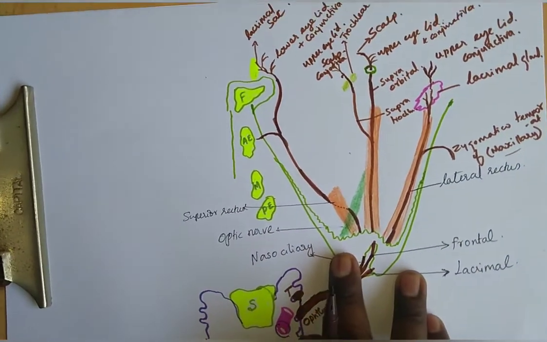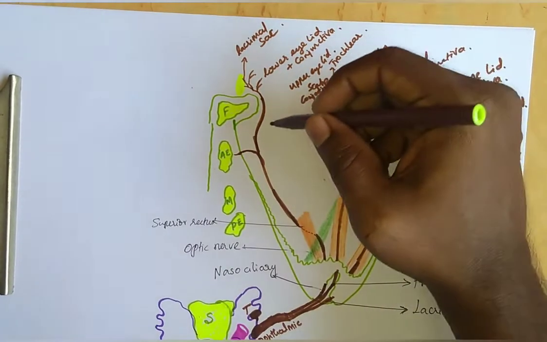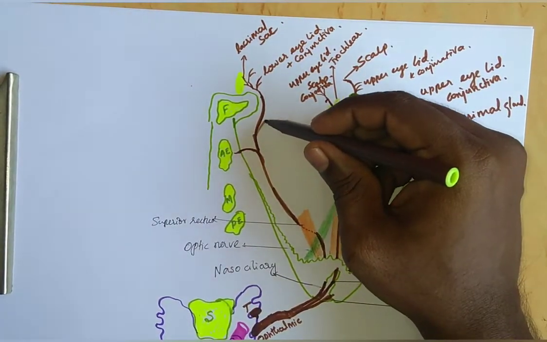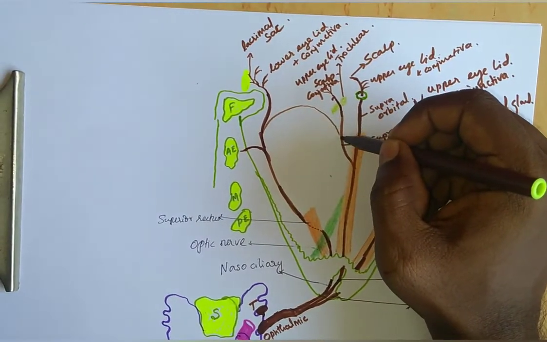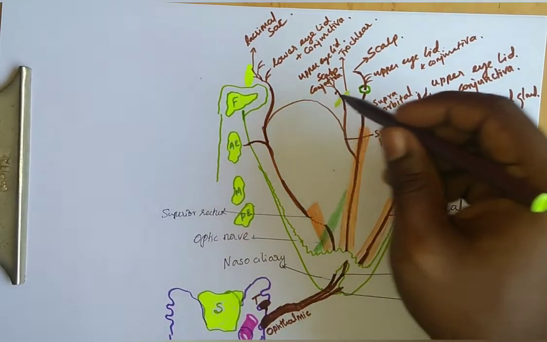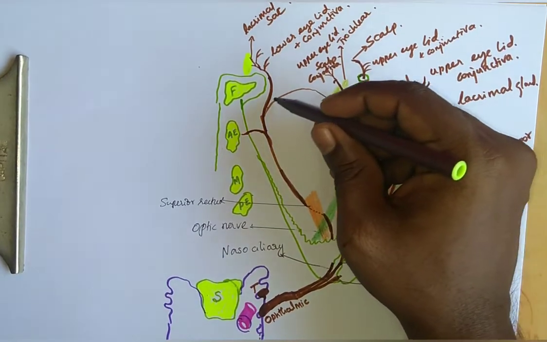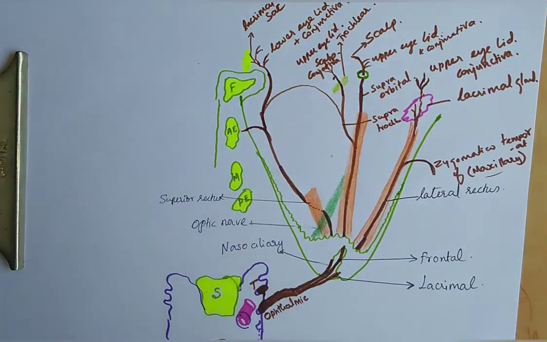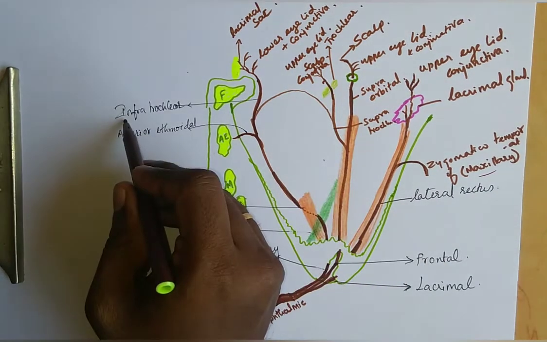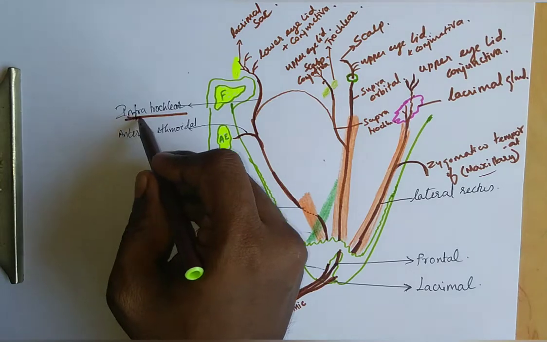So that is about the main branches of the infratrochlear nerve, and it communicates with the supratrochlear nerve by a communicating branch. That is about the first terminal branch of the nasociliary nerve, the infratrochlear nerve.